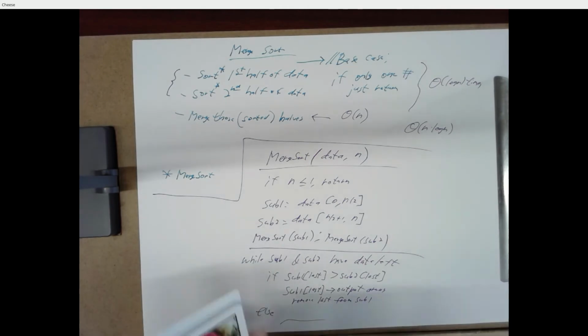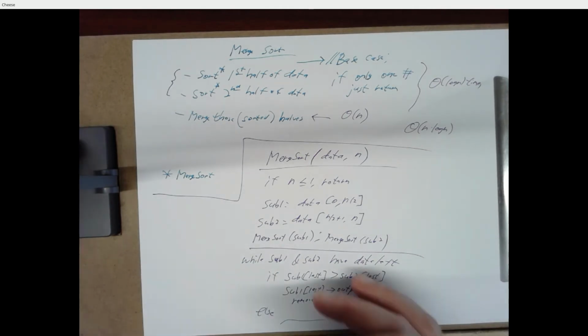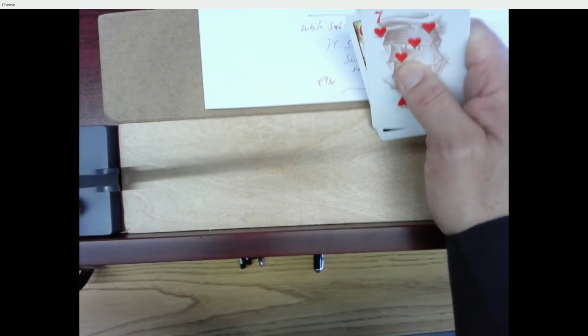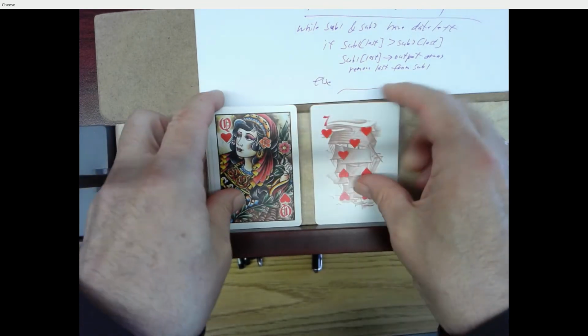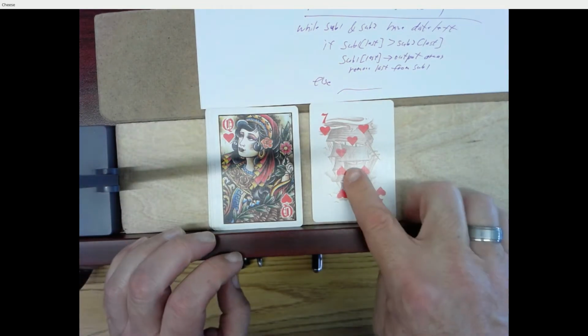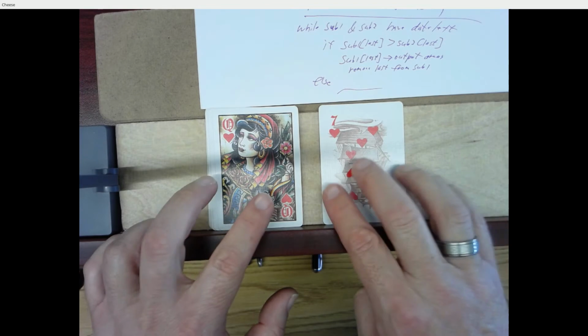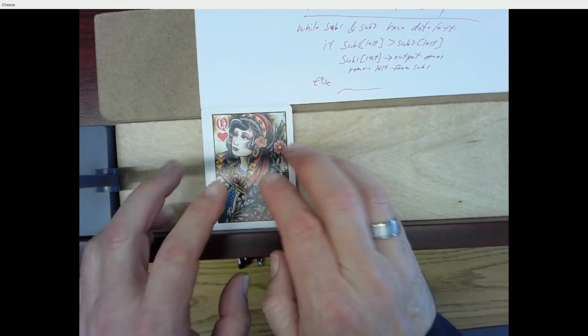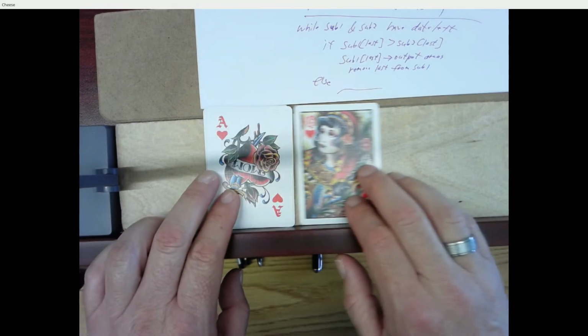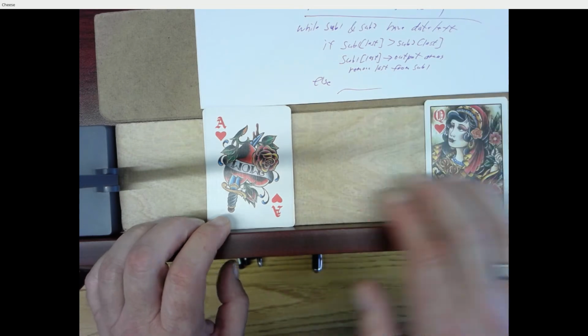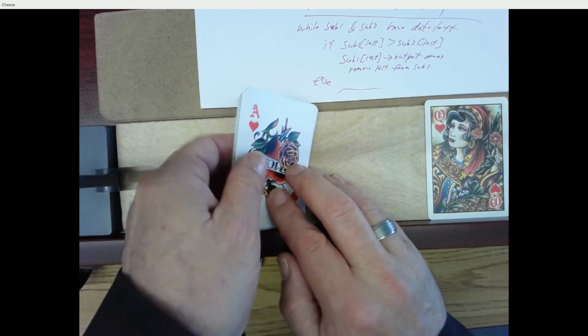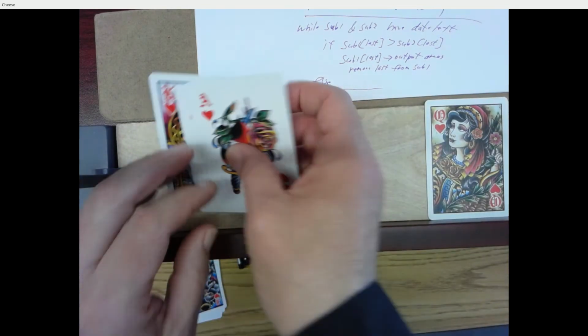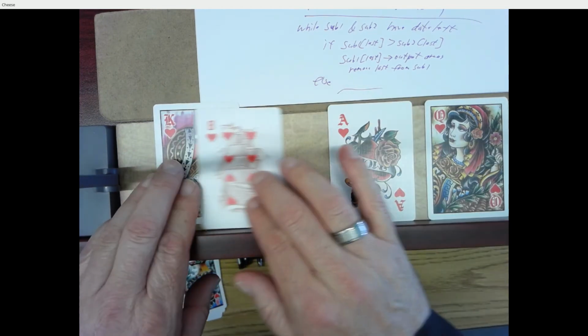So I could split into, I've never tried this. So let's split into two piles. There's a 7 and a queen. We're going to merge sort this. Well, that's already sorted, so we'll move that over there. And then we need to merge sort this pile. So we'll split into two piles. This is already sorted, and we'll merge sort this. I'm just going to do 5 cards. That's already sorted. That's already sorted.